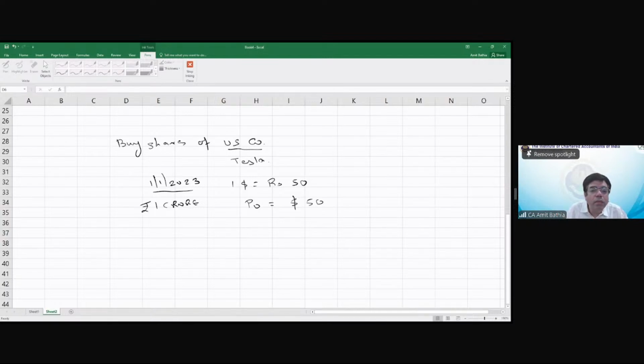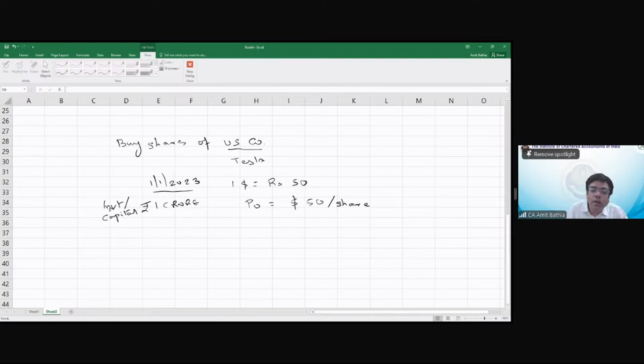I repeat once again, we are buying shares of US company Tesla on 1st January 2023. The total amount of investment or capital which I am investing to buy the shares is rupees 1 crore. The prevailing exchange rate as on 1/1/2023 is $1 equals rupees 50, and the price of Tesla shares as on this date is $50 per share, right?